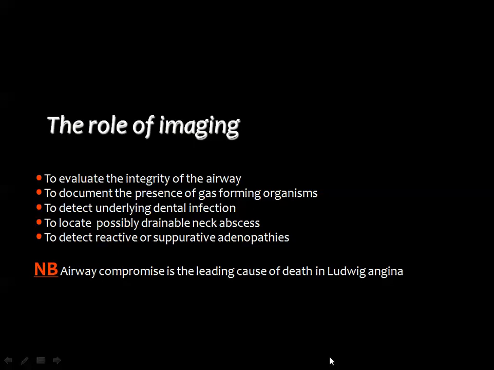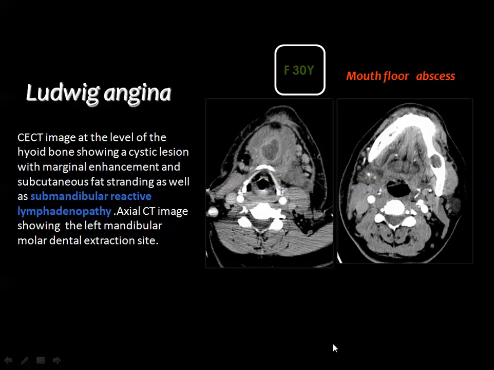Then, as I have mentioned, this angina is a clinical diagnosis, and we may sometimes need imaging to evaluate the integrity of the airway, to assess the presence of gas-forming organisms, to detect the underlying dental infection, and to look for abscesses, which should be surgically drained, and to look for reactive or suppurative lymphadenopathies.